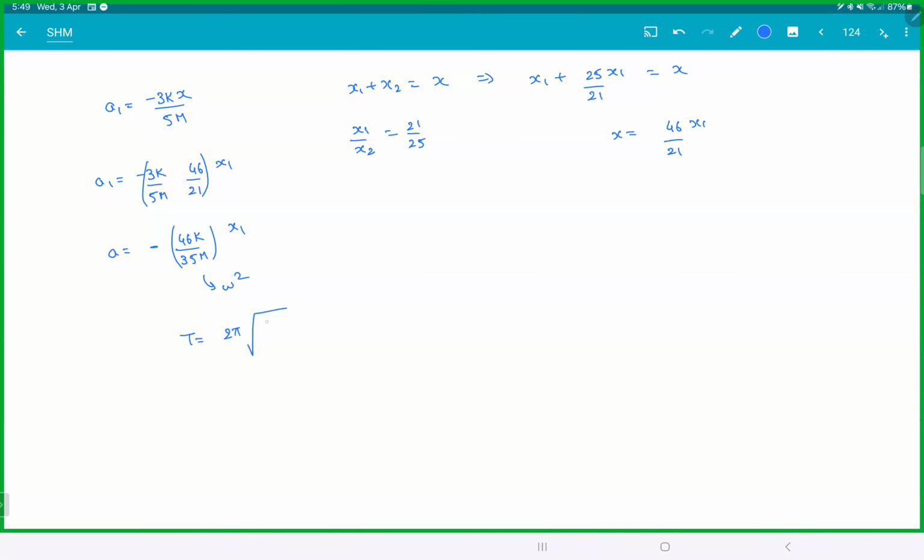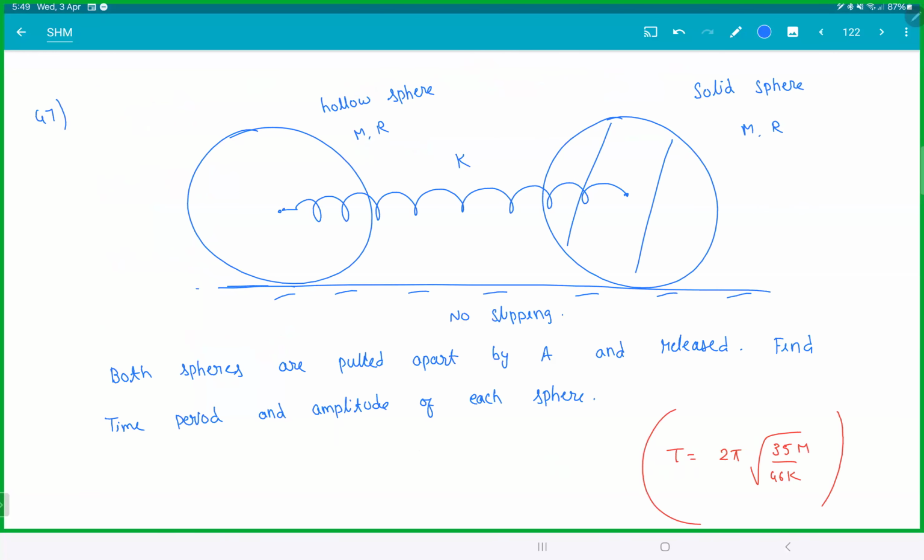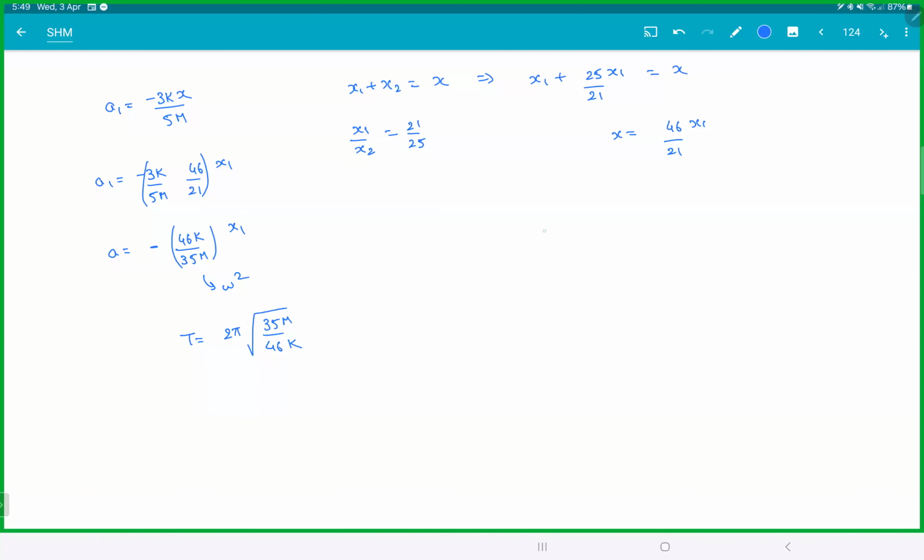Time period is root over 2π times 35m by 46k. Did I give the same or reverse? And what will the amplitude be? Same thing, no? x1, a1 by a2 should also be in the ratio of 21:25.